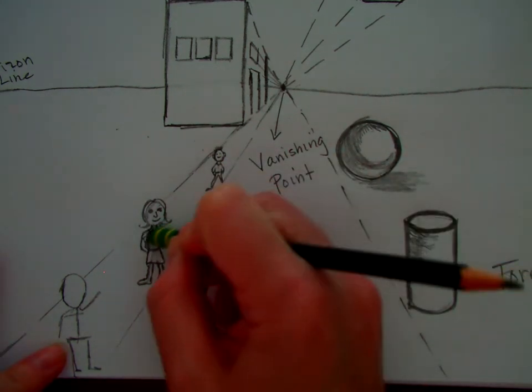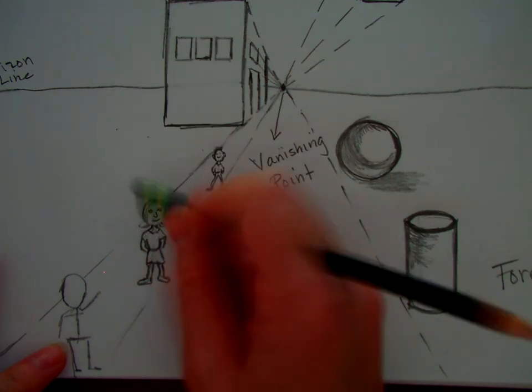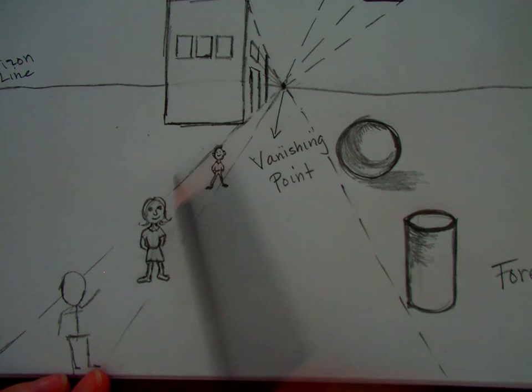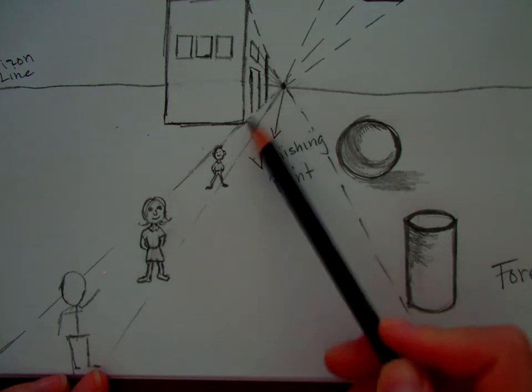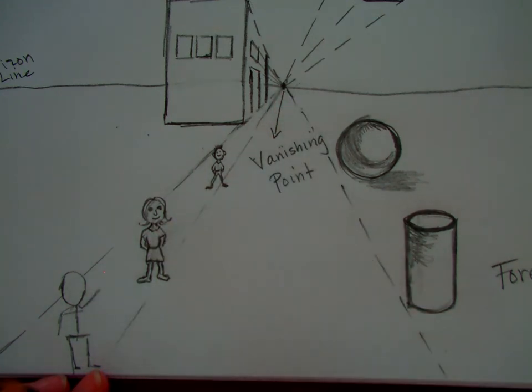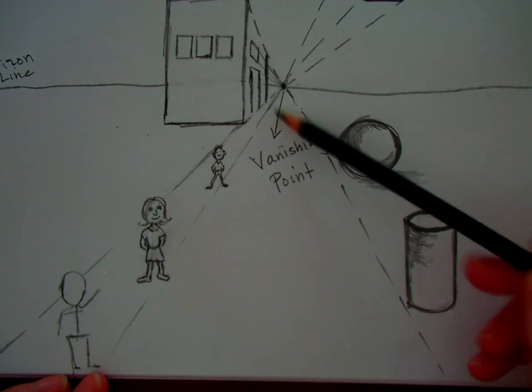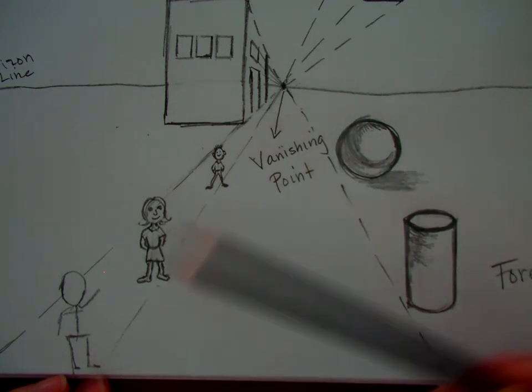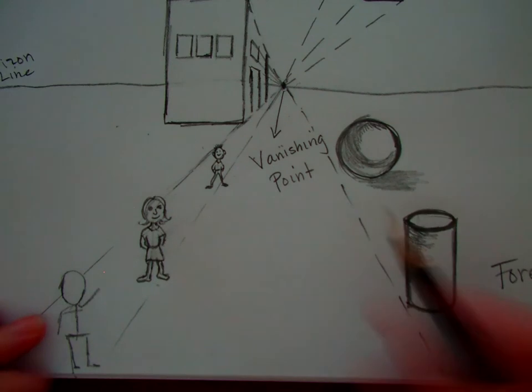All right, you guys. So what we're trying to do is to draw the figures upright. So notice that I put the top of their head kind of close to this vanishing point that I did up here on the top, kind of the top of the sidewalk. And then I put their feet at the bottom of the sidewalk here.